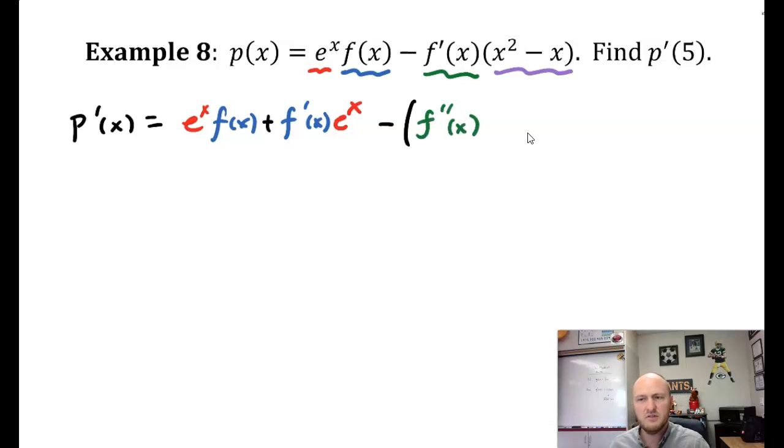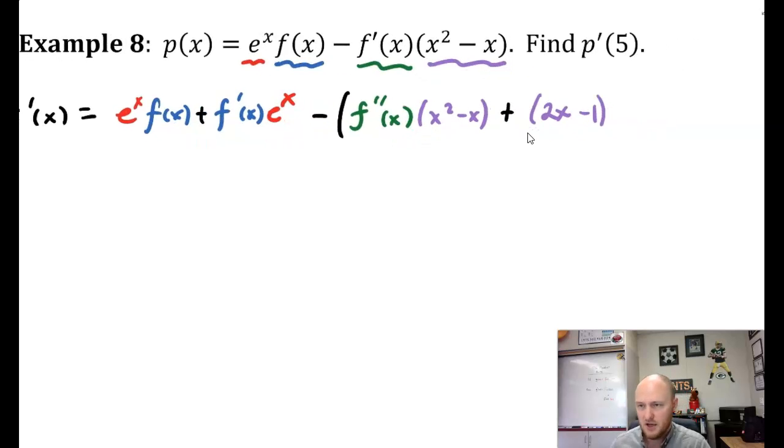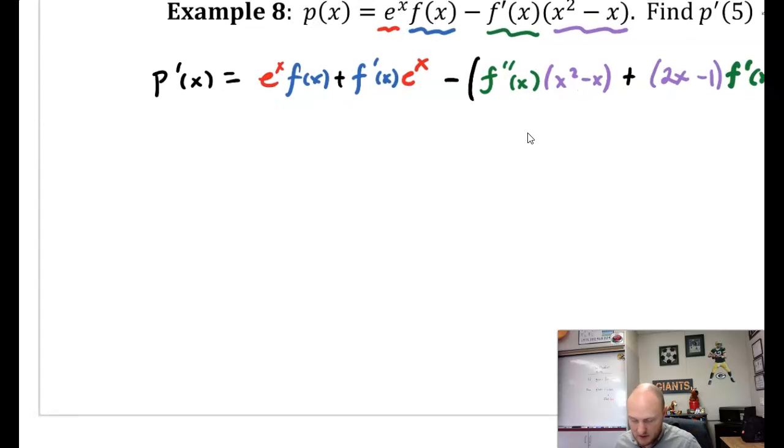I'm taking the derivative of a derivative. Okay, times my second, which it looks like is x squared minus x. Okay, plus, now the derivative of the second. Okay, so that's going to be 2x minus 1 times the first, which is f prime of x. Okay, so whew, a lot going on there.